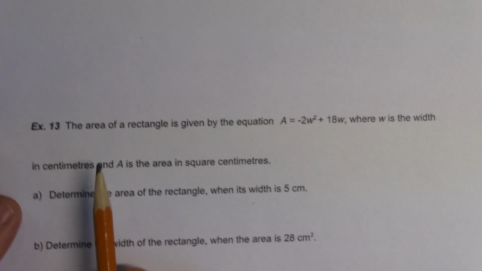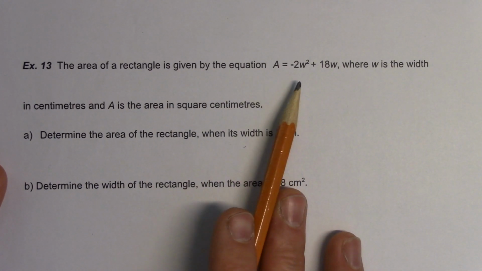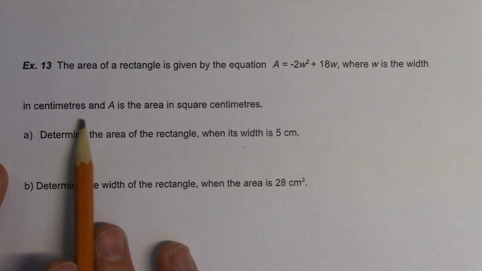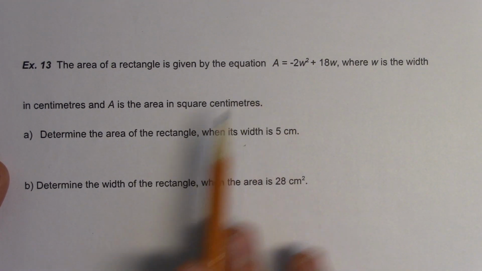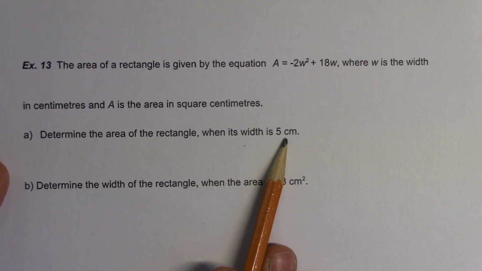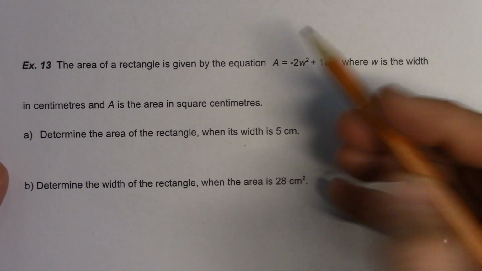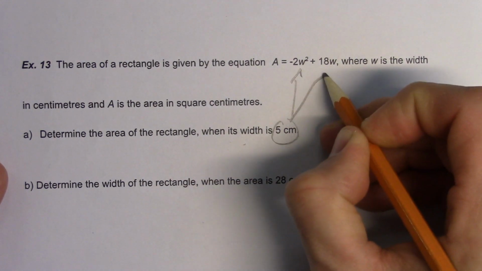Yeah, let's come back. The area of a rectangle is given by this equation, where W is the width in centimeters and A is the area in square centimeters. Determine the area of the rectangle when its width is 5. If its width is 5 and we have this expression for area, we can just sub in the 5.